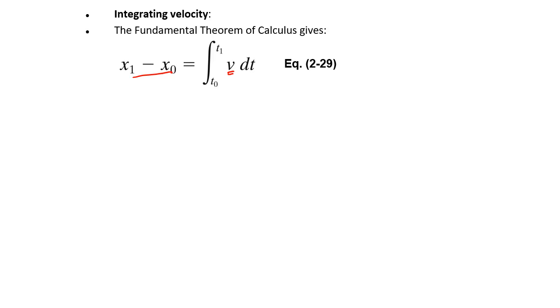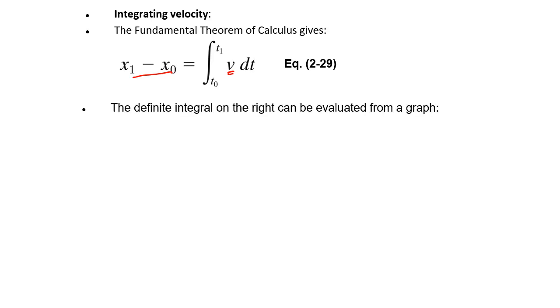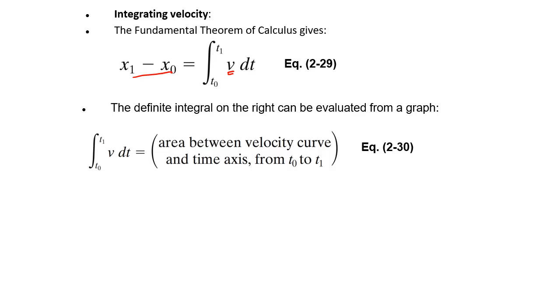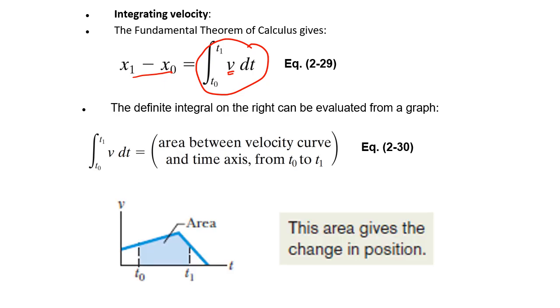The definite integral on the right can be evaluated from the graph. That means this part is the area between the velocity curve and the time axis from t0 to t1. For example, here you see a graph. You need to find the area. This area is actually this integral.